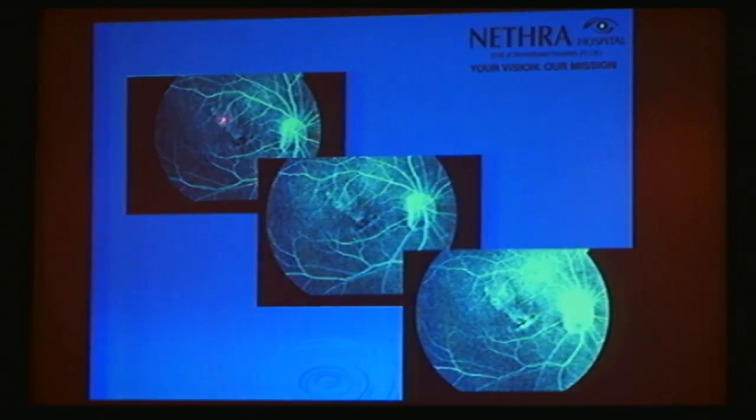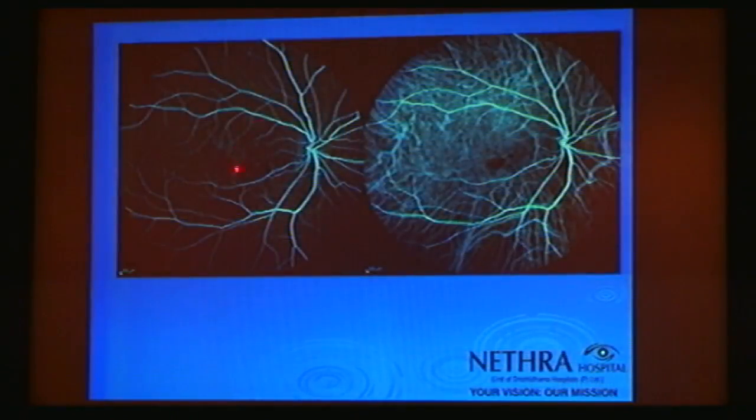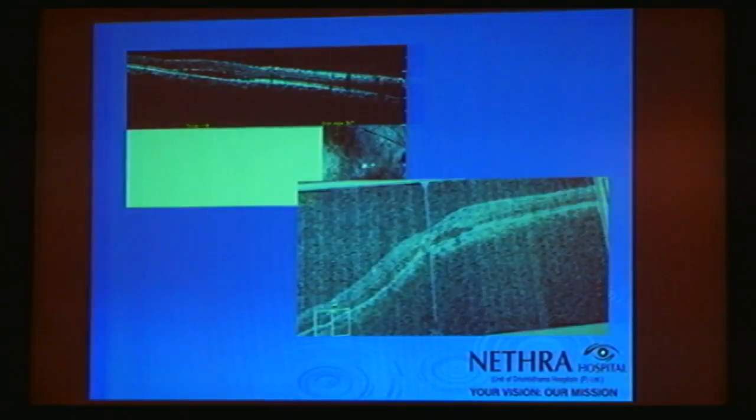FFA shows a few punctate lesions over the margin of the subretinal fluid, and ICG has not shown any polyp. OCT shows a dome-shaped macula at the foveal region with SRF, and over the lesion there is SRF.